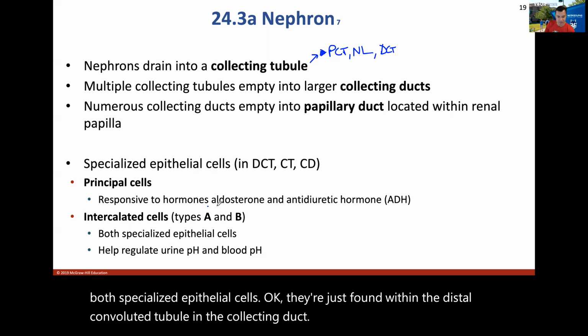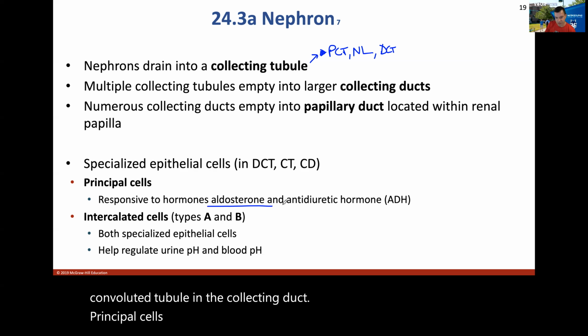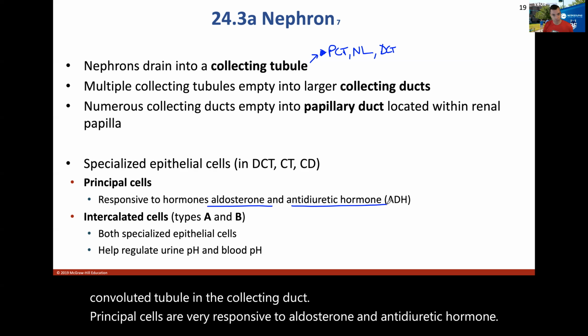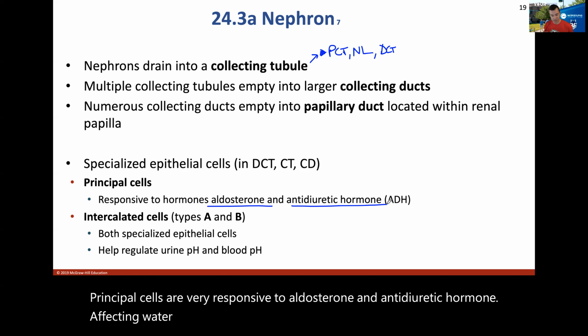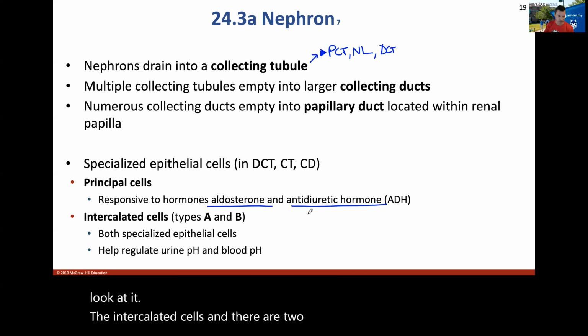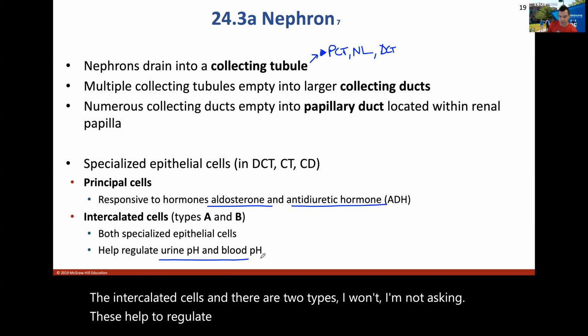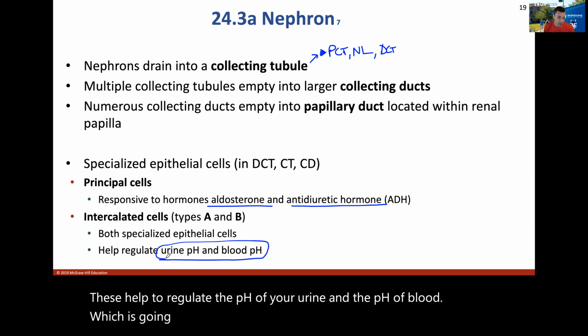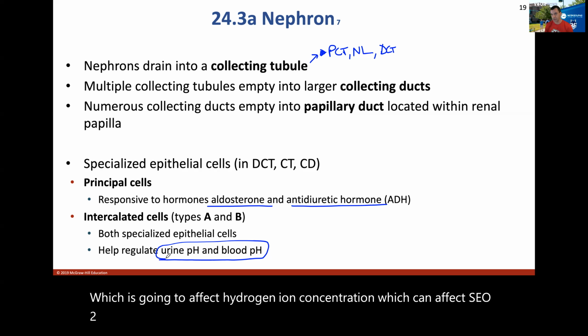Principal cells are very responsive to aldosterone and antidiuretic hormone, affecting water reabsorption or water secretion, however you want to look at it. The intercalated cells, and there are two types, I'm not asking, help to regulate the pH of your urine and the pH of blood, okay? Which is going to affect hydrogen ion concentration, which can affect CO2 level concentrations within the urine and within the blood.